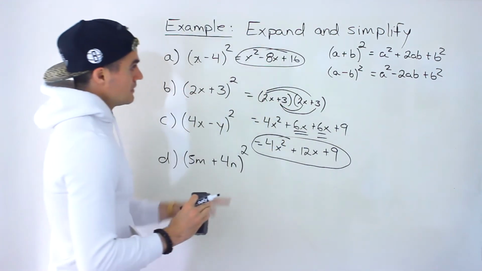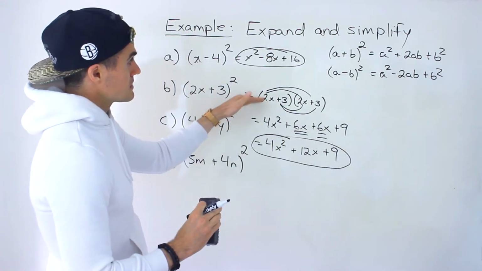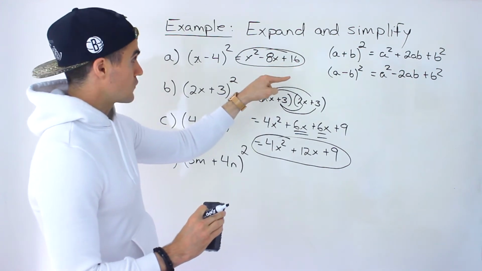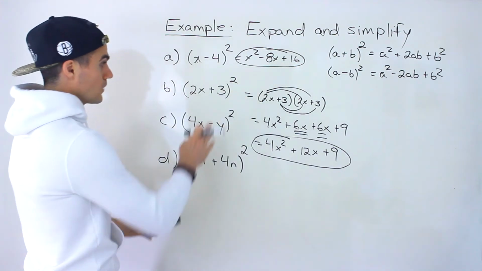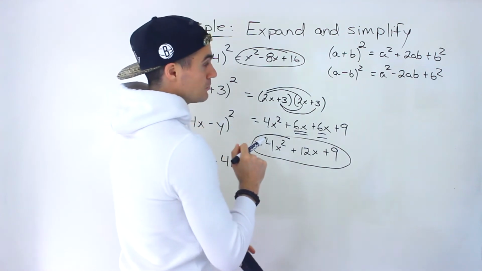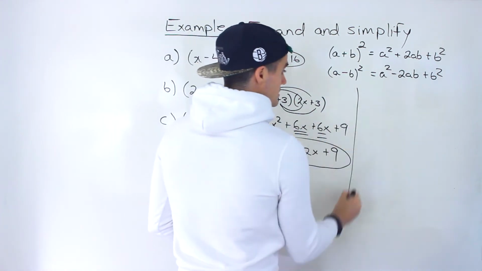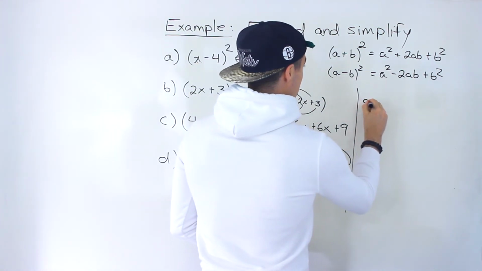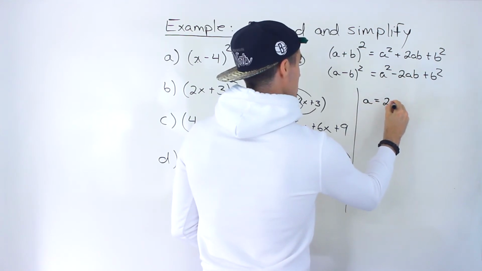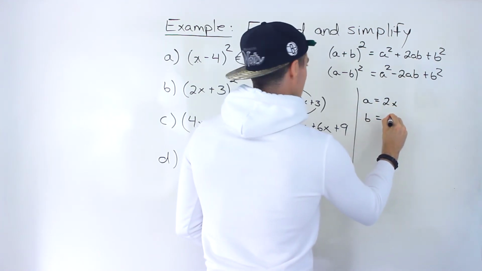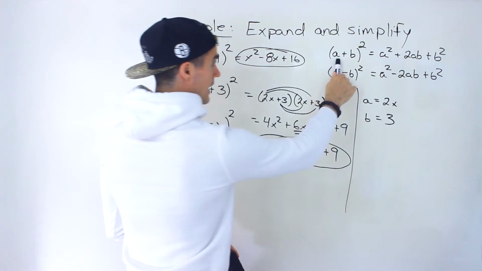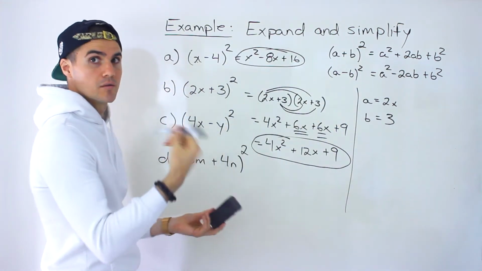So going back to this, let's now take this and apply it to one of those formulas. Which one are we going to apply it to? Well, we have addition, so it's going to be the a plus b squared. So in this case, the a is the 2x, and then the b is the 3, right? A plus b, 2x plus 3.